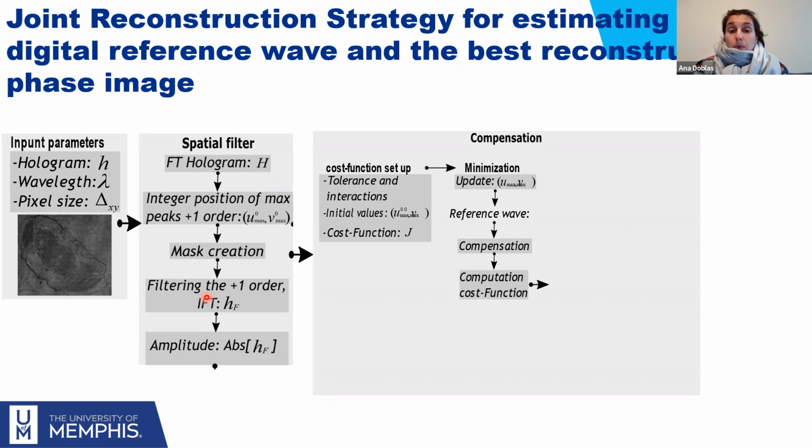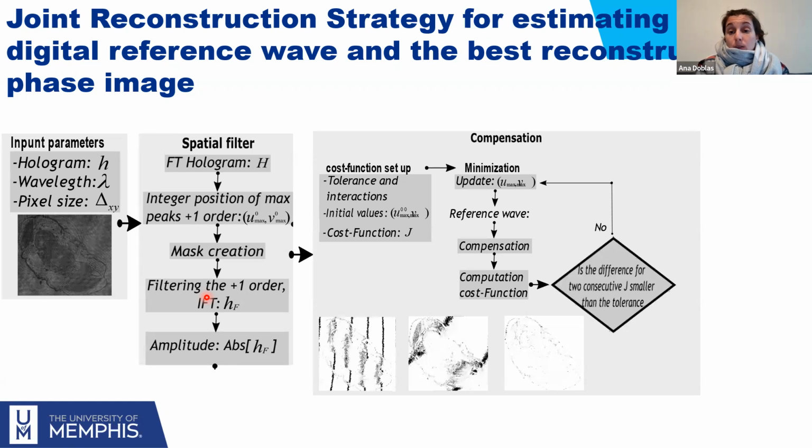So we're going to set up the parameters for our cost function, the tolerance and the number of iterations that we're going to use, and then the seed values, which we're going to start updating through the minimization until we have the best. So every time we estimate a new value of Umax and Vmax, we compensate and track how many pixels we have, and that's going to be the value of the cost function.